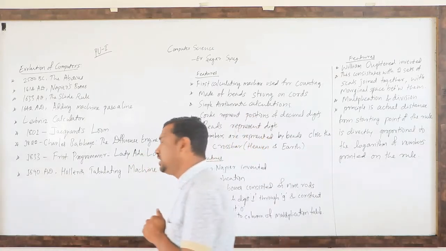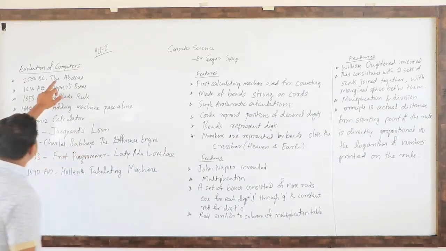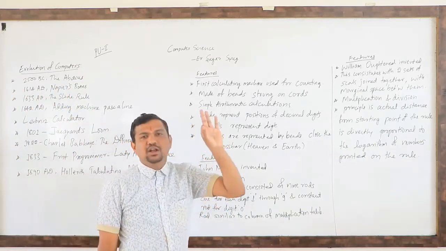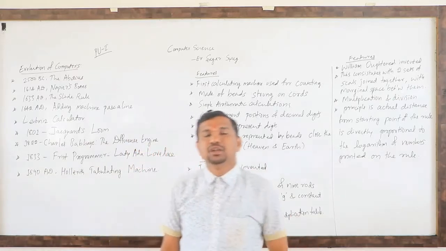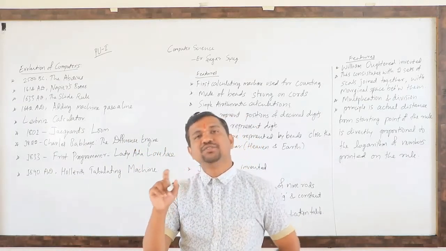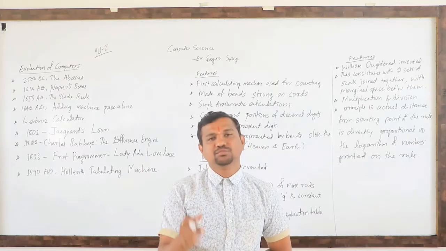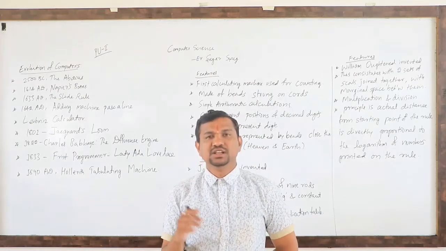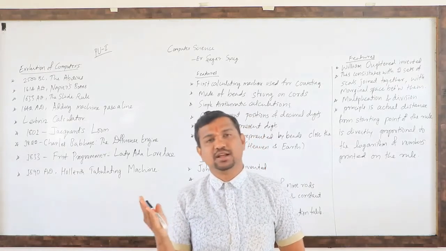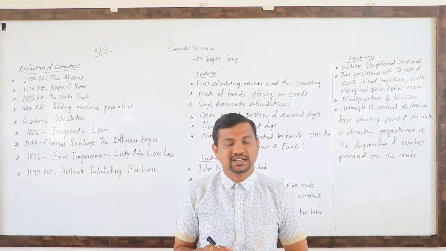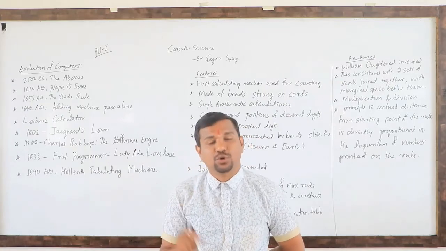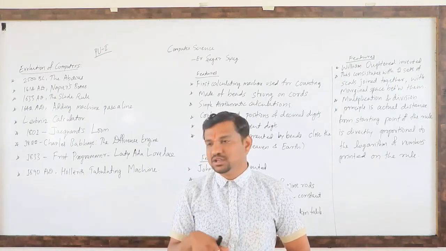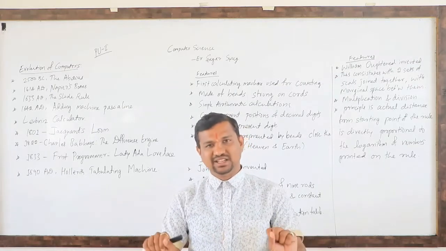Now let us see the evolution. The first one is the abacus. You might have seen or heard of the abacus. If many of you are moving to metropolitan cities, for example Bangalore, Kolkata, Mumbai or Bombay, there is a gaming zone. You have to pay an amount and play games like bike racing and car racing.